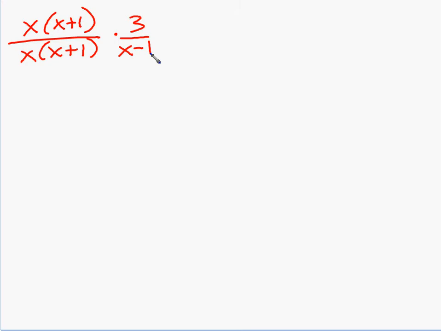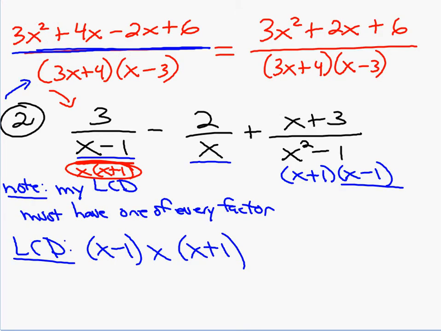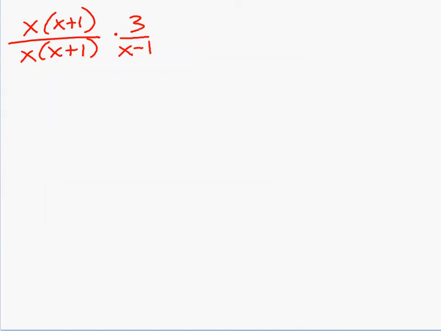When we look at the middle one, it is missing the x plus 1 and the x minus 1. So that's what I have to multiply the top and bottom by. So I'm going to multiply, now I'm subtracting, so it's going to be x plus 1, x minus 1 over x plus 1, x minus 1 times 2 over x.